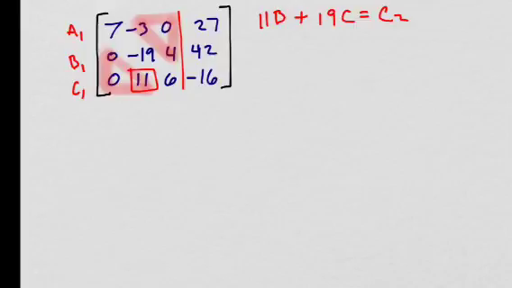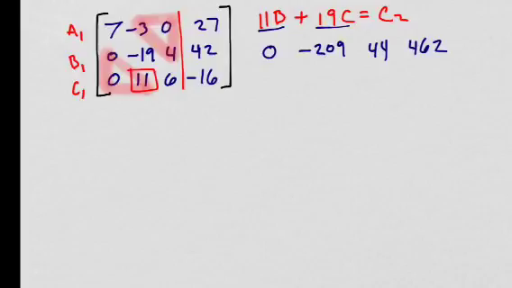I'm definitely not. So 11 times the B row. 11 times 0 is 0. 11 times negative 19 is negative 209. 11 times 4 is 44. And 11 times 42 is 462.